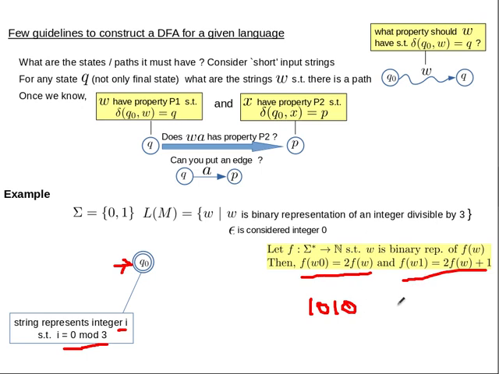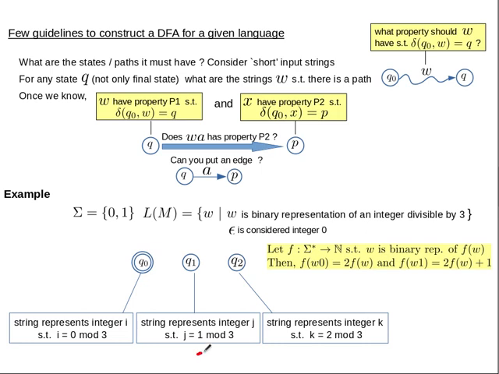So then maybe it's a clever guess that you also consider strings corresponding to integers which are 1 mod 3 and 2 mod 3. So that completely classifies all the possible strings.